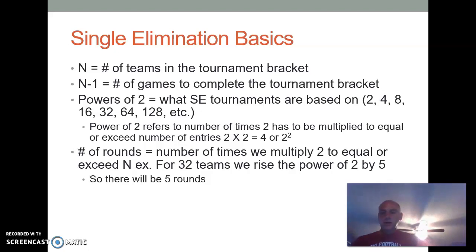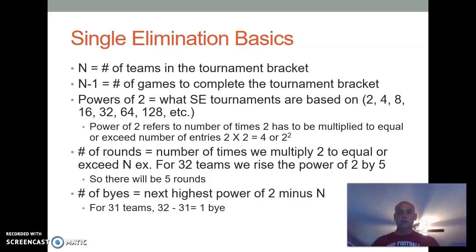So we always want to rise to the power that equals or exceeds n, the number of teams. The number of byes is the next power of 2 minus n. For 31 teams, we go to 32 minus 31, because that's the number of teams.